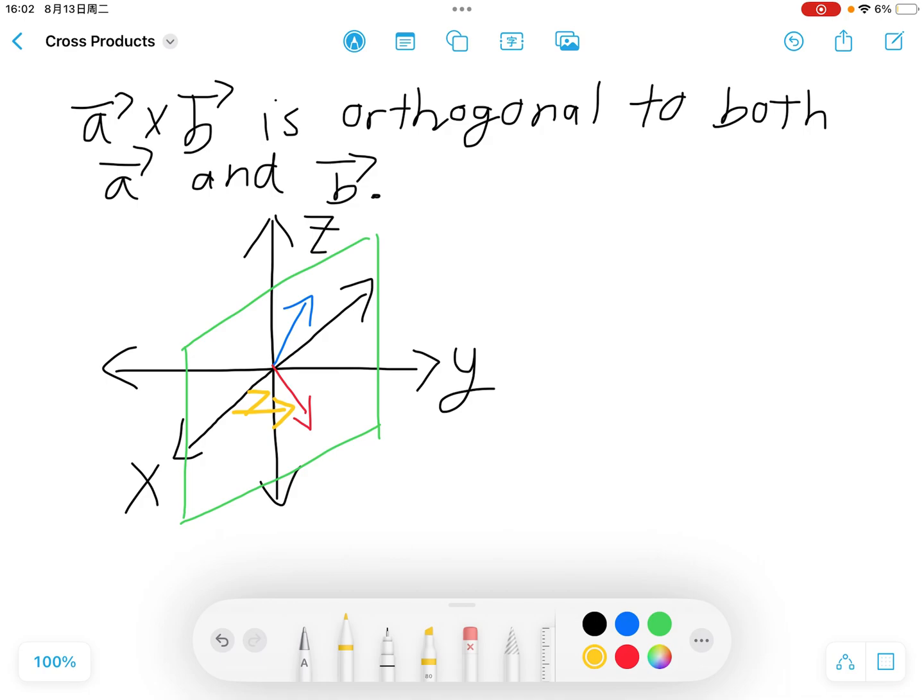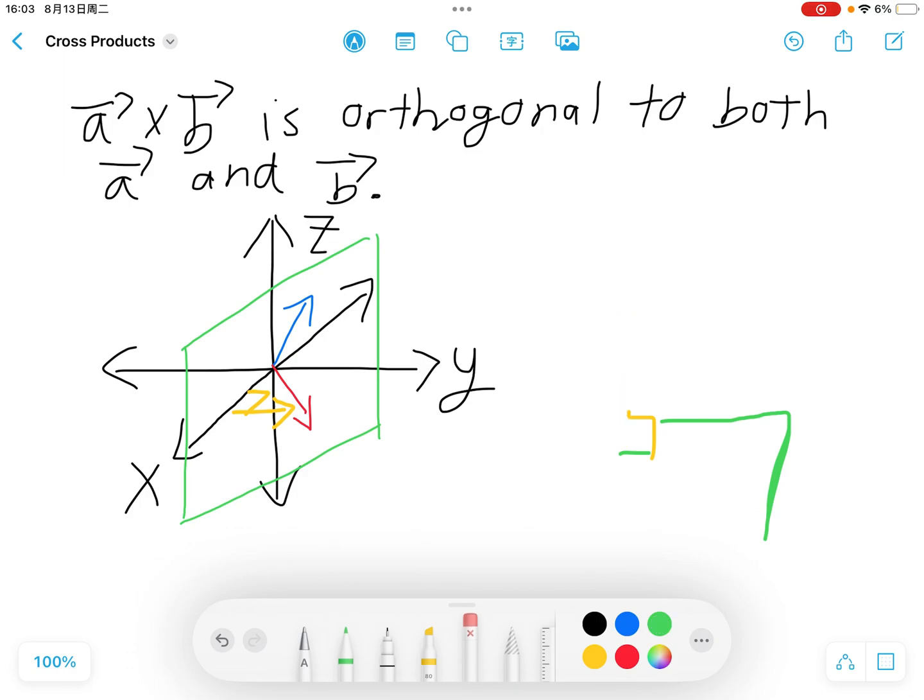So if you tilt your head around, you see this vector here is orthogonal to this plane, or this kind of 2D shape below it.